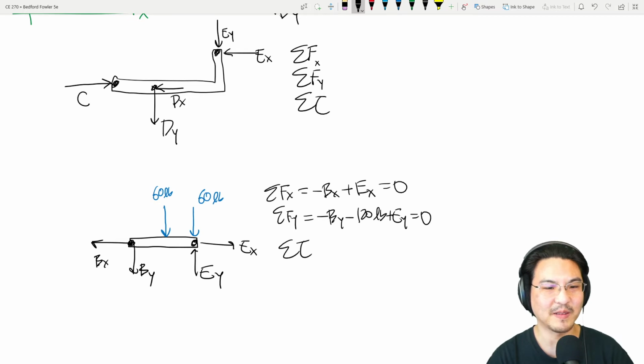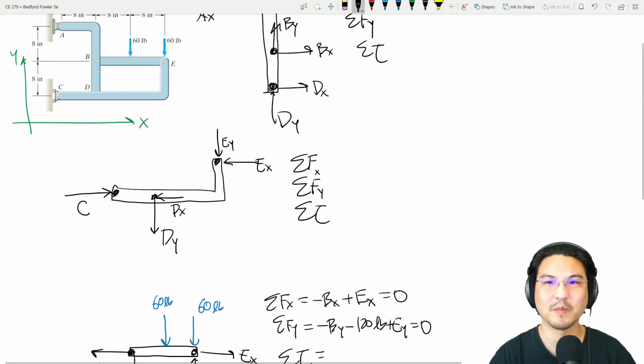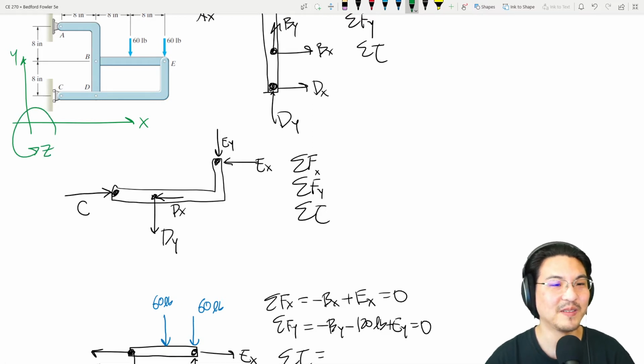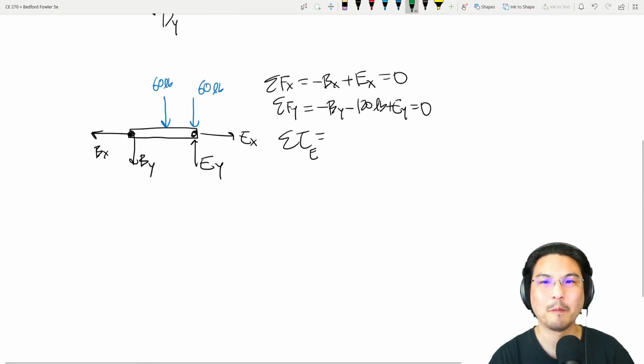Okay, so let's sum torque about somewhere clever. There are 3 forces acting right here, so I'm going to sum torque about point E. Okay, and then I want to point out the way I pick my coordinates, Z would be out of the page, so counterclockwise.